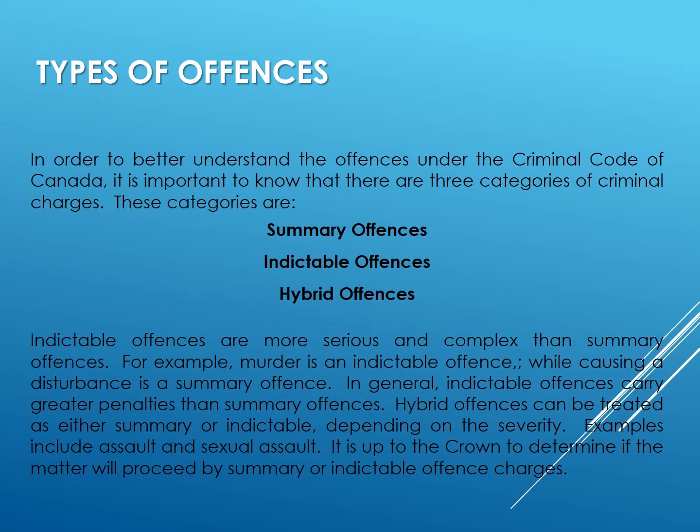In general, indictable offences carry greater penalties than summary offences. Hybrid offences can be treated as either summary or indictable, depending on the severity. Examples include assault and sexual assault. It is up to the Crown to determine if the matter will proceed by summary or indictable offence charges.